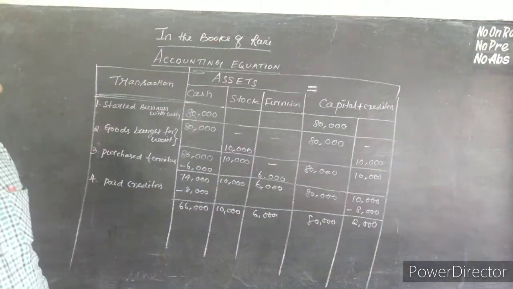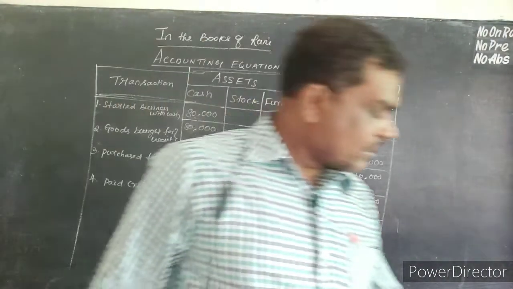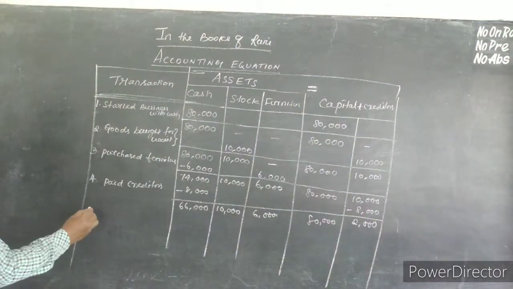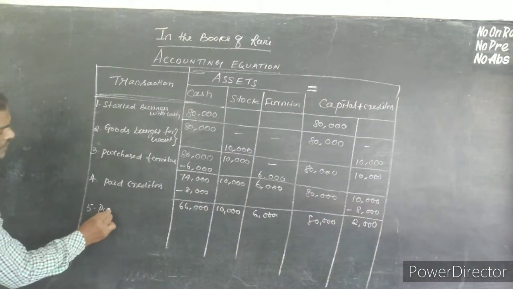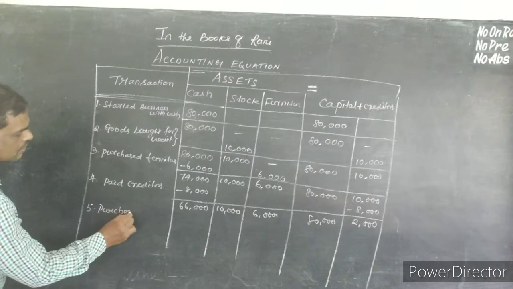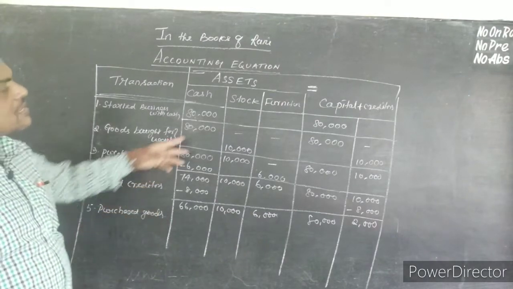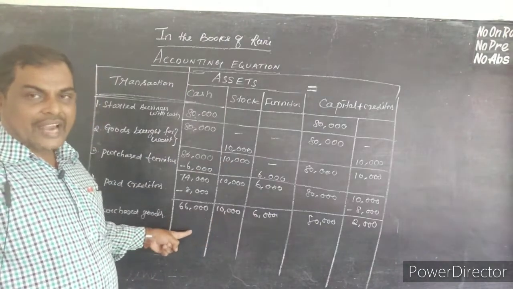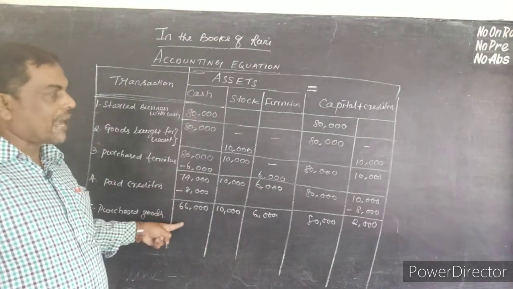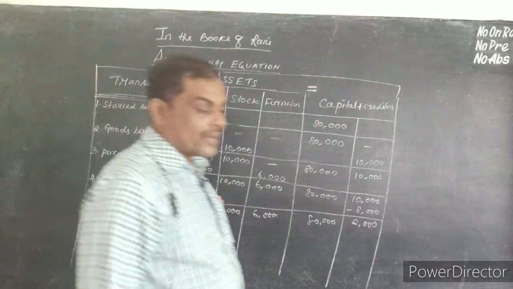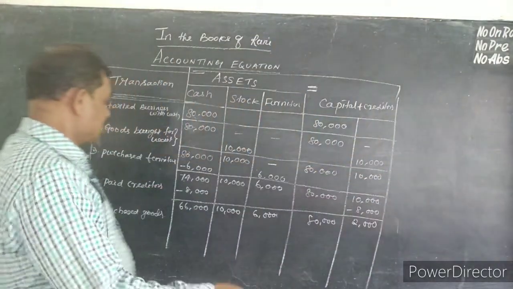Now what is the next entry? The fifth entry is purchased goods for cash. It means you are purchasing some stock for cash. Then you are taking some cash and purchasing the stock, so cash will be reduced. How much? 2,000 rupees.